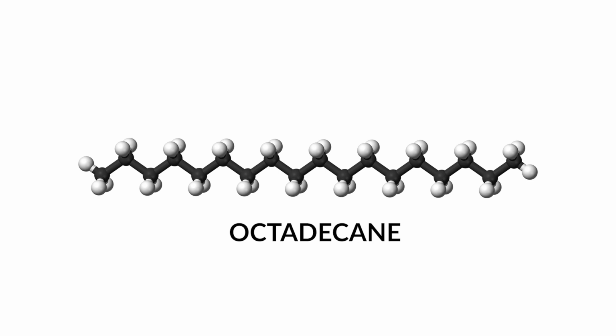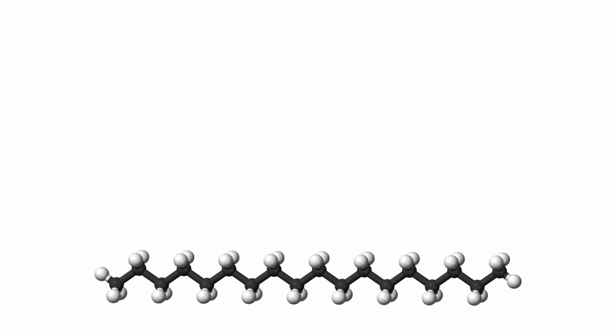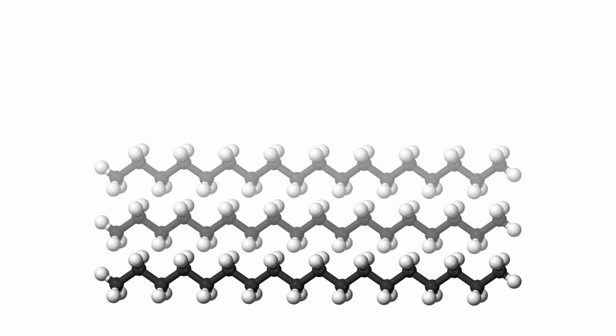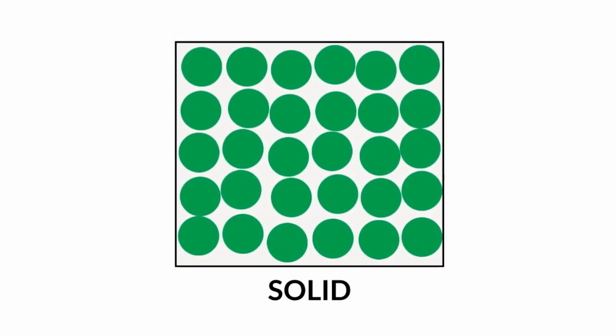And when particles are close to one another, we describe the substance as solid. Another reason why octadecane is solid at room temperature is its linear structure. This allows molecules of this compound to easily stack on one another, leaving smaller gaps in between them, just how the particles are arranged in a solid substance.